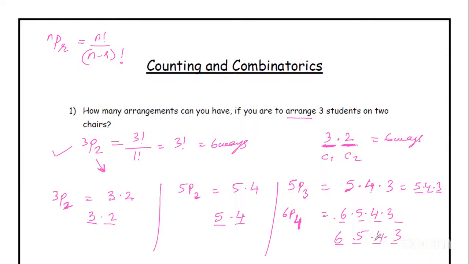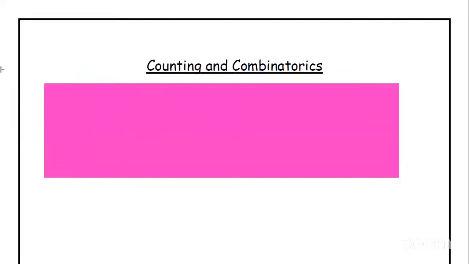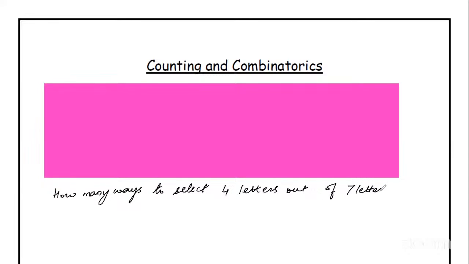The only thing that you need to remember is that if it's a combination question, suppose there was a question, how many ways to select 4 letters out of the 7 letters, for example, then it would be 7C4.